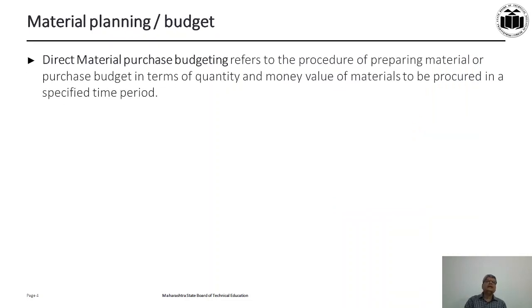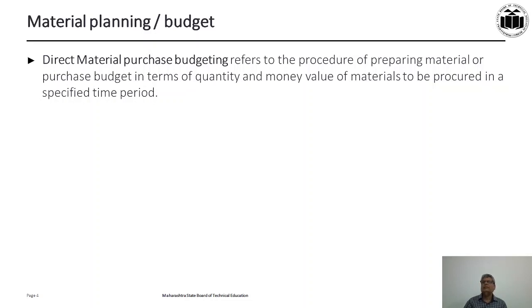So now understand what is the meaning of material planning or material budget. Direct material purchase budgeting refers to the procedure for preparing material or purchase budget. That budget is in terms of quantity and also in terms of money value of materials to be procured in a specified time period.